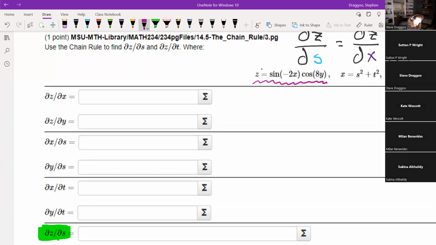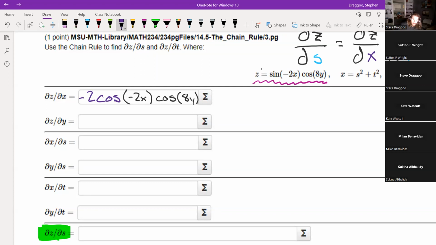For the x partial, I need the derivative of sine, which is cosine of negative 2x, times cosine of 8y, and then multiply by the derivative of the inside of cosine, which is negative 2. So I've got negative 2 cosine of negative 2x times cosine of 8y.